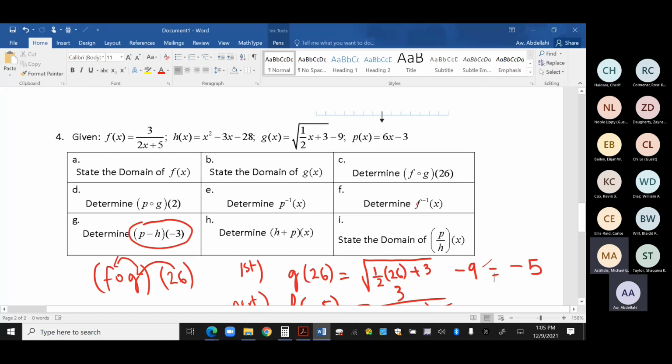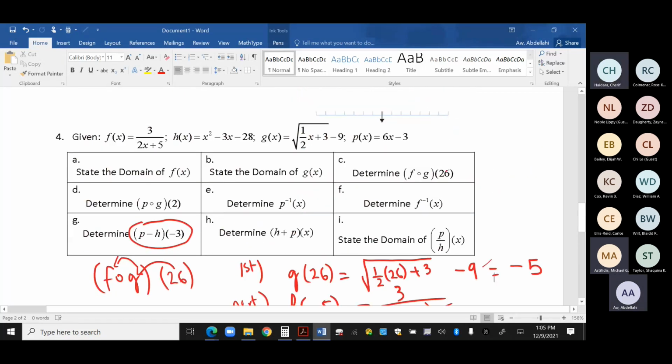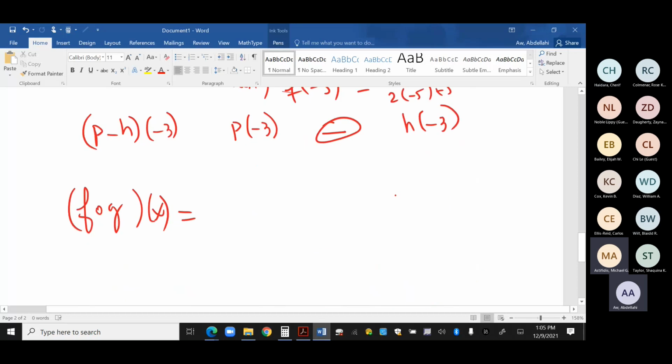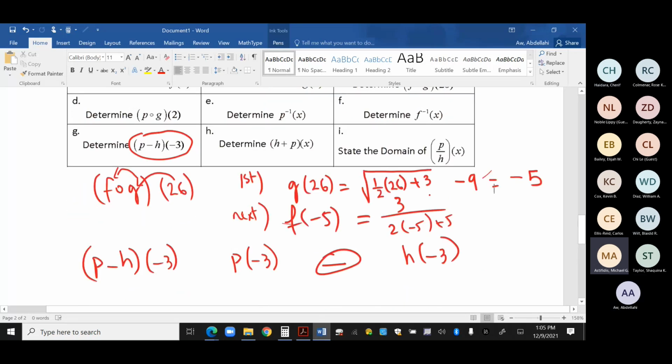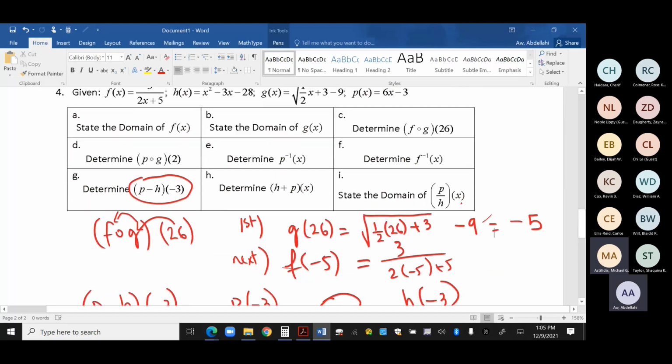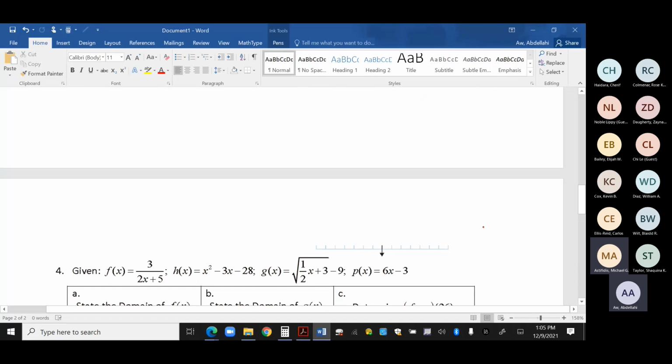So now we say, what is f circle g of x? Now we have to plug in what function into what function? If we say f circle g of x, we have to plug g into f, exactly.